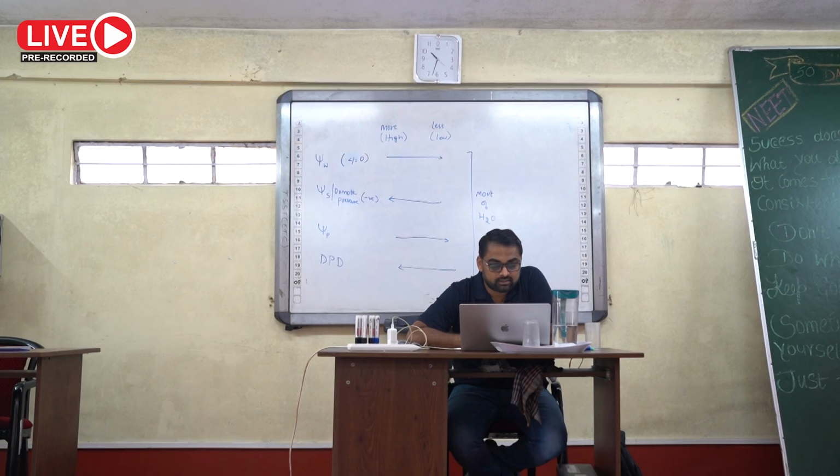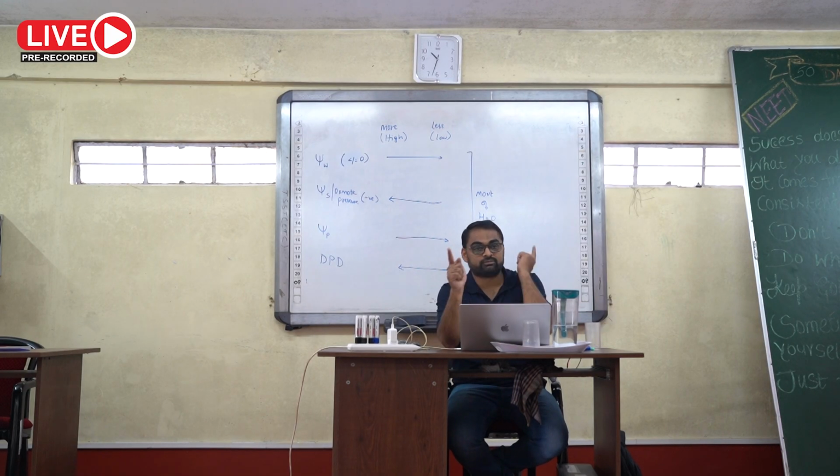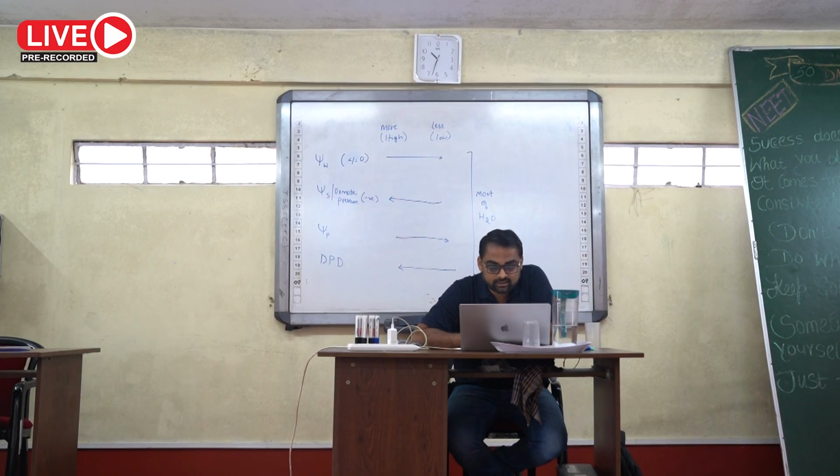C is what? Antiport. One is moving inside, one is moving outside. D is symport. Now look at the options. A is a carrier protein, B is uniport, C is antiport, D is symport.